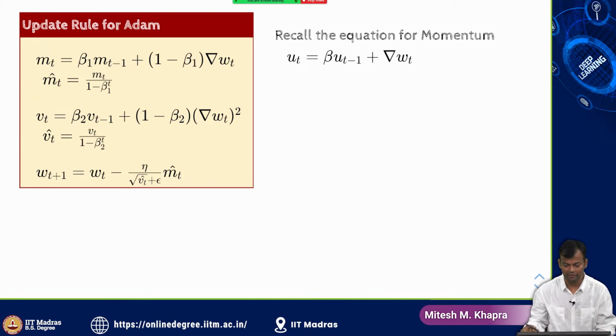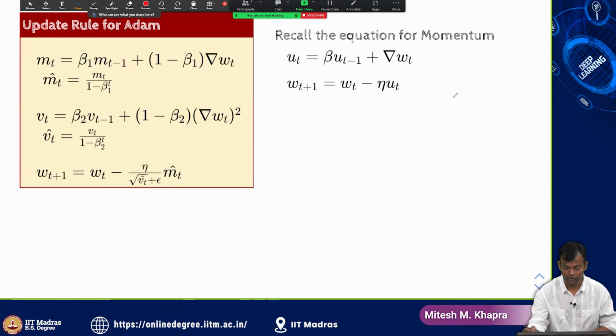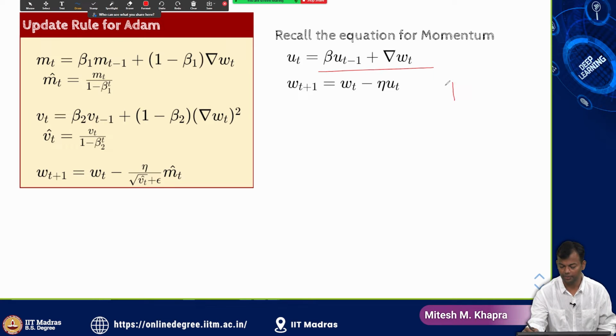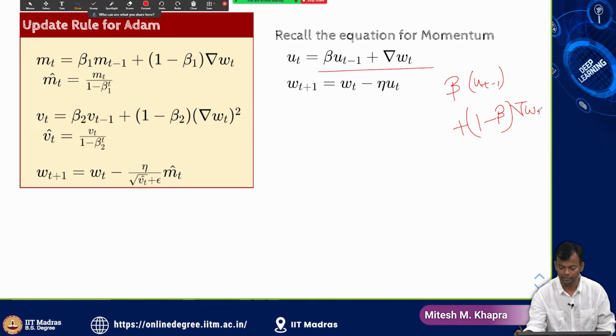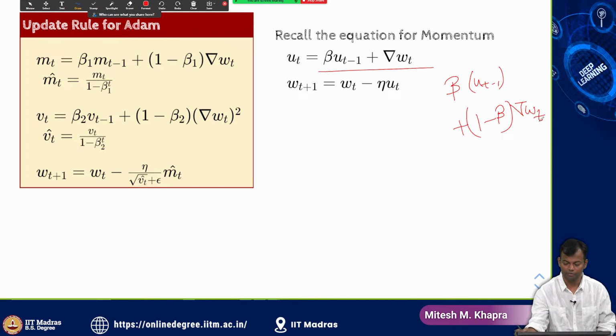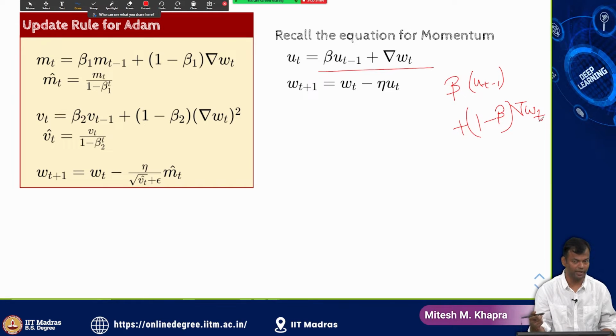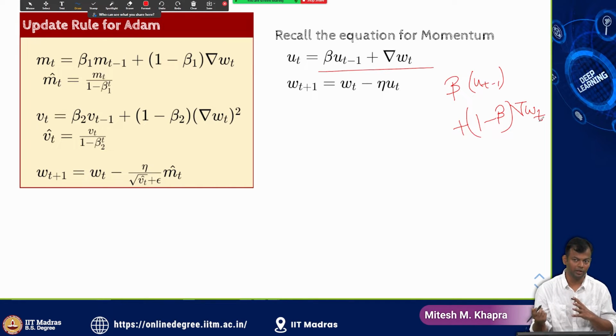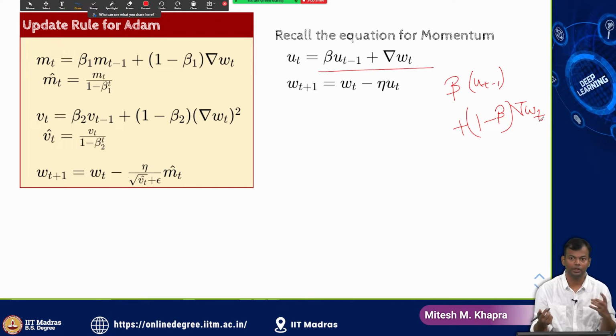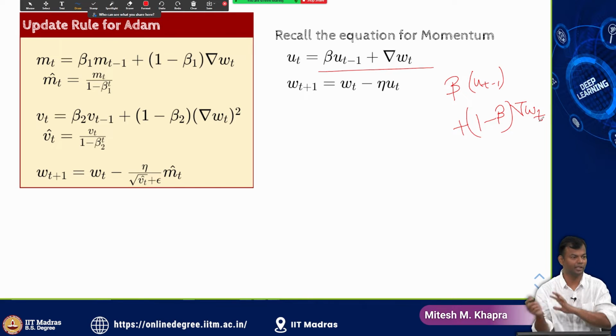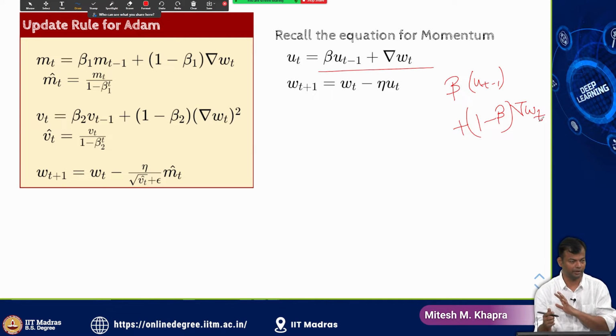So now one thing which I have done here is that, so remember that you could have beta u_{t-1} plus (1 minus beta) times delta w_t, right? So both these forms are popular, right? So where you have beta and 1 minus beta, where of course they sum up to 1, or you could just have beta and then no weight multiplied by the derivative of w_t, right?